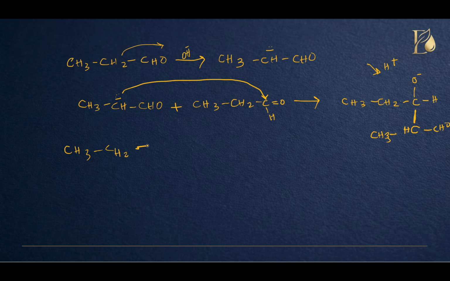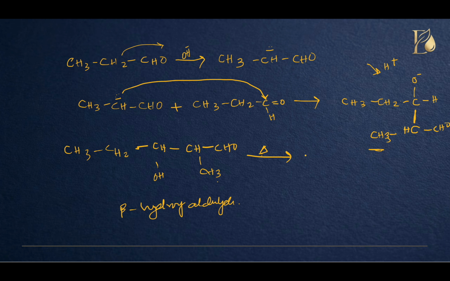CH3CH2CHOH, and CH, CHO and this CH3 group. So this is a beta hydroxy aldehyde. Now, on heating it will produce an alpha beta unsaturated carbonyl compound.